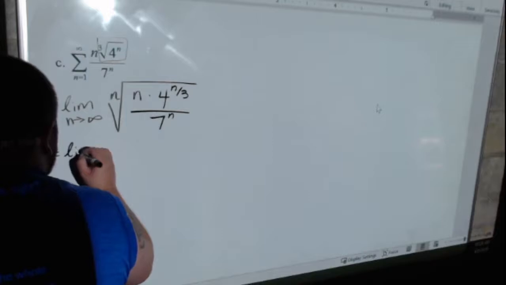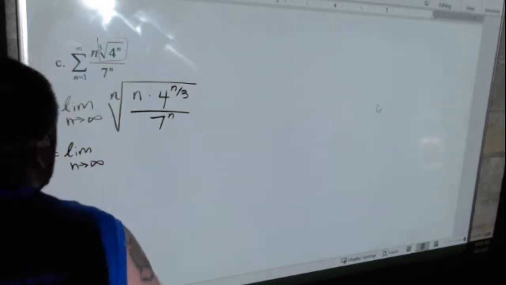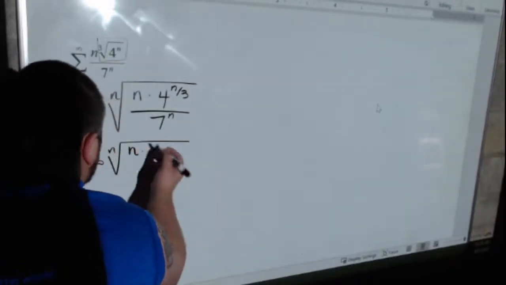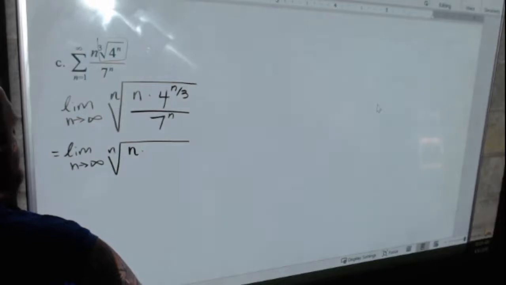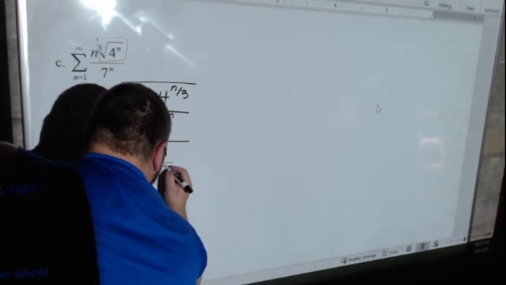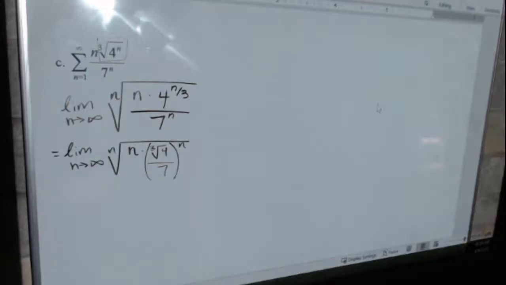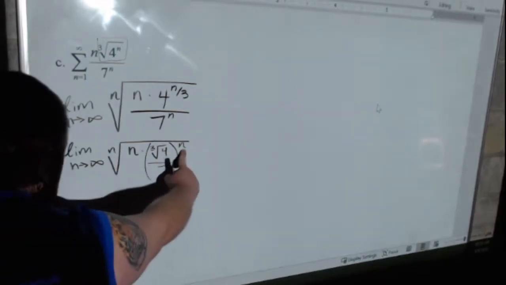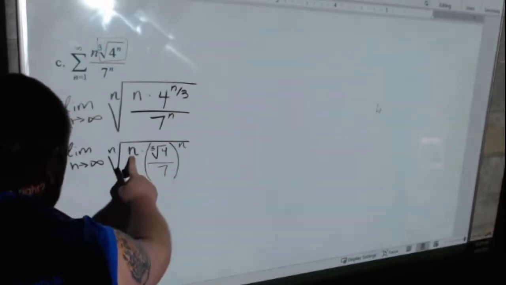I can then rewrite that again. Nth root n times, I'm going to rewrite it as the third root of 4 over 7 to the n. So when I take the nth root, this will cancel, but this n will still be to the nth root.